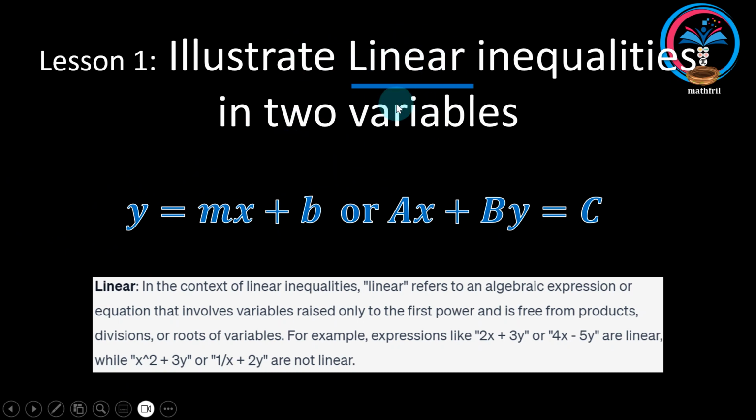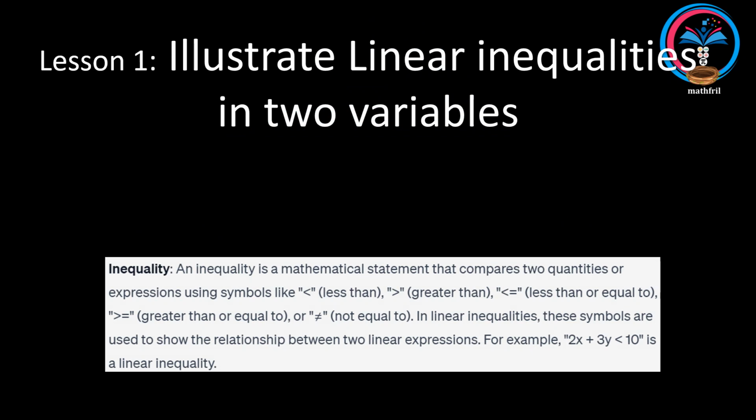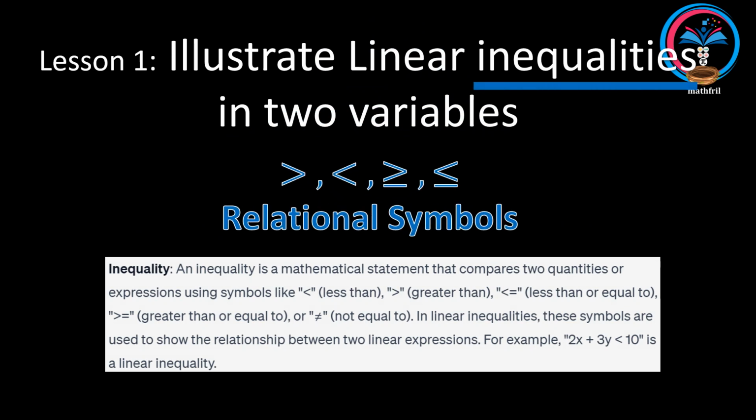Now, if we talk about inequality, basically there are four inequalities or four relational symbols. The word inequality is there. These are the four inequality symbols: the greater than, the less than, greater than or equal to, and less than or equal to.